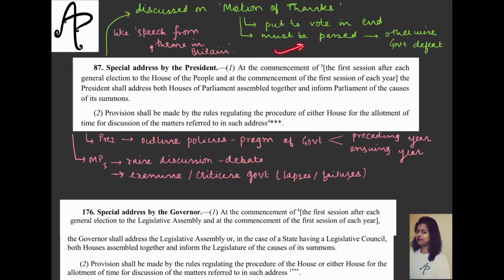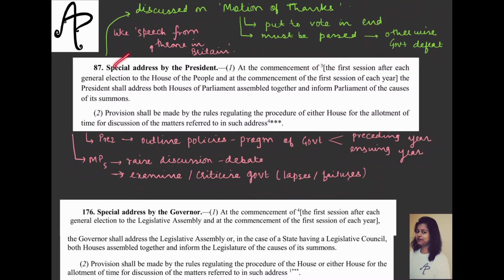If this motion of thanks is not passed, they can criticize, that is okay, but at the end it has to be passed. And if it doesn't get passed, it will be considered a defeat of the government. You must have heard of the no confidence motion, and we will be doing it in detail also later. So just as the government can collapse there, here also this is another option wherein it will be considered the defeat of the government.